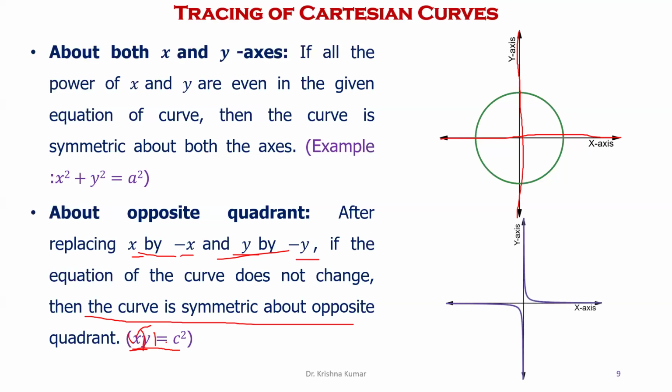This is called a rectangular hyperbola. Look here, this is its shape. The shape in the first quadrant is the same as in the third quadrant. So this is called symmetric about the opposite quadrant.